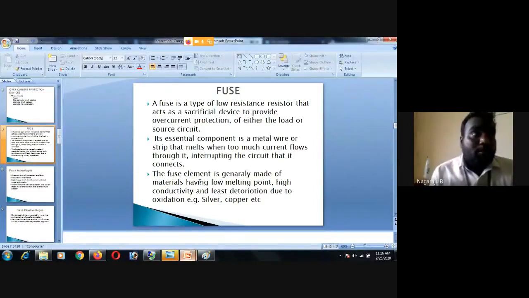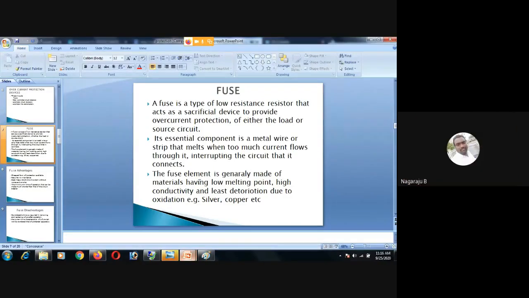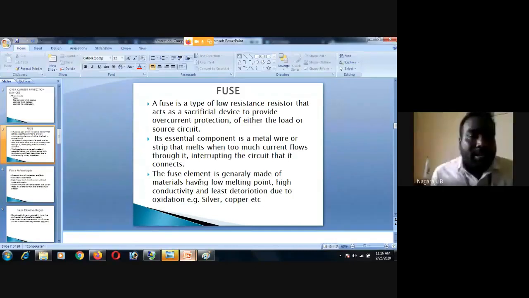Whenever you are using a 600 volt rated fuse, which is a fiber fuse, it automatically produces deionizing gases to extinguish the arc. Already the arc is there, so whenever you have an arc, you produce deionizing gases in the fiber fuses. This is a type of expulsion fuse.